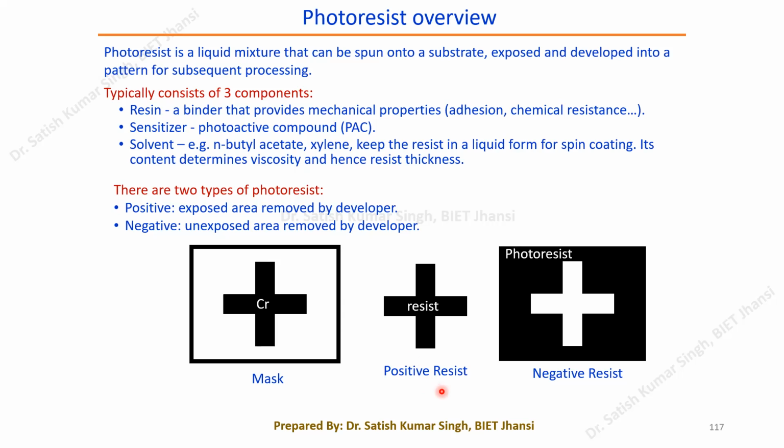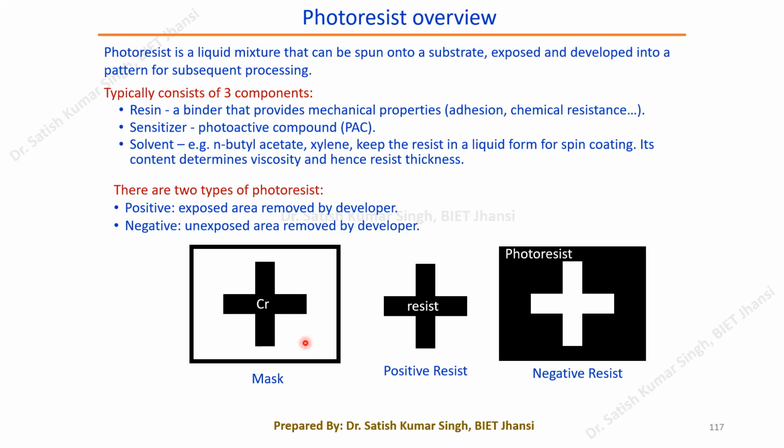Now, if it was a negative photoresist, let us see what happens. Light cannot penetrate through this region. In the negative photoresist, the region that gets exposed becomes hard, and it cannot be dissolved in the developer solution.